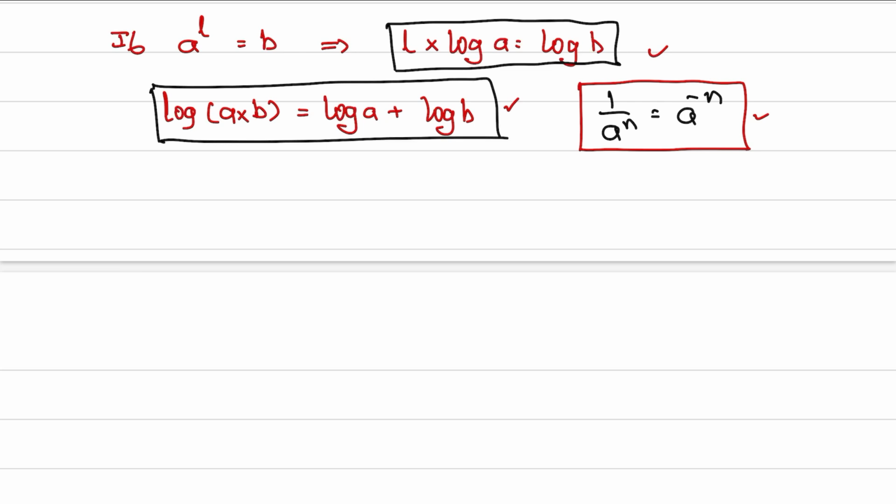In that case, in some questions you may be indirectly required to apply these formulae and these concepts. Prefer to have more concepts and conceptual clarity when you are appearing for IIT JEE and NEET physics examinations.